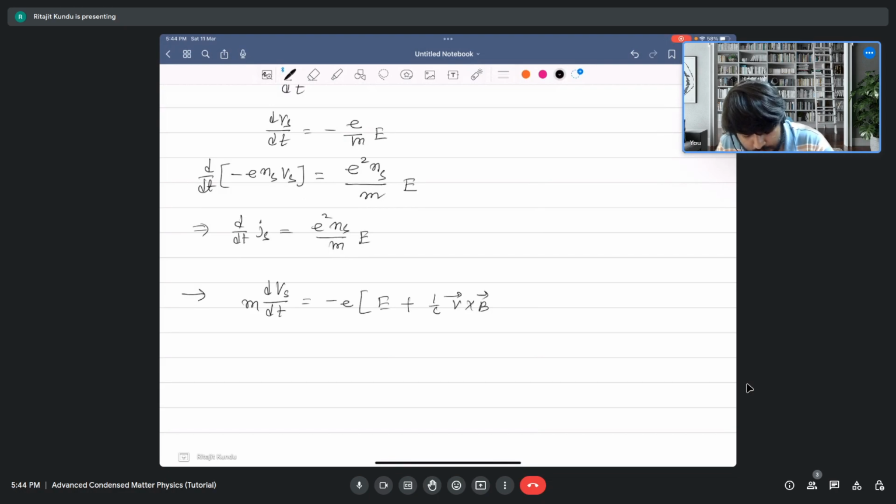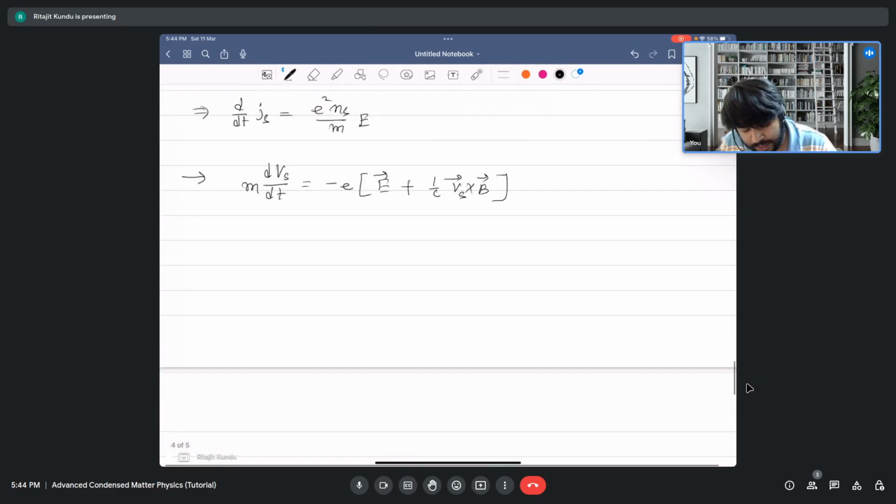We see that the left hand side and right hand side both have the vs, so solving this is not that easy anymore.